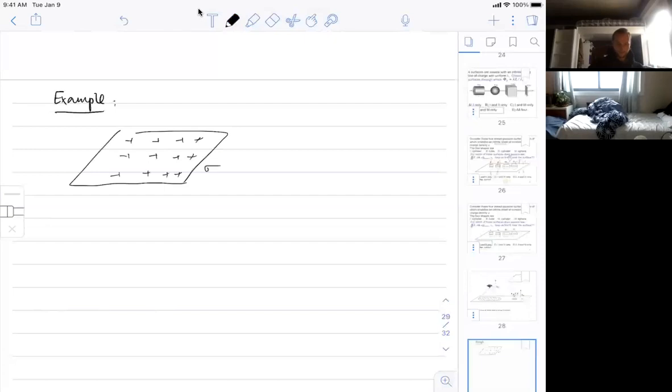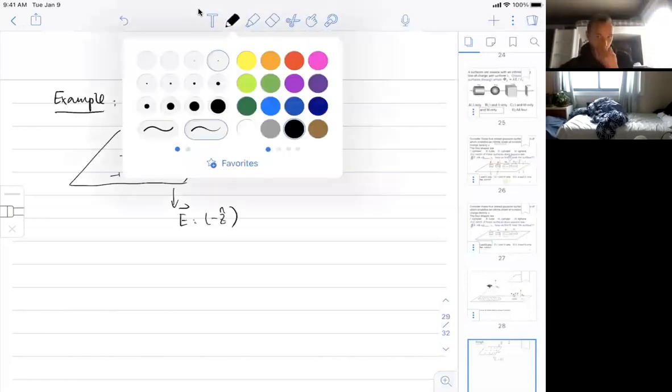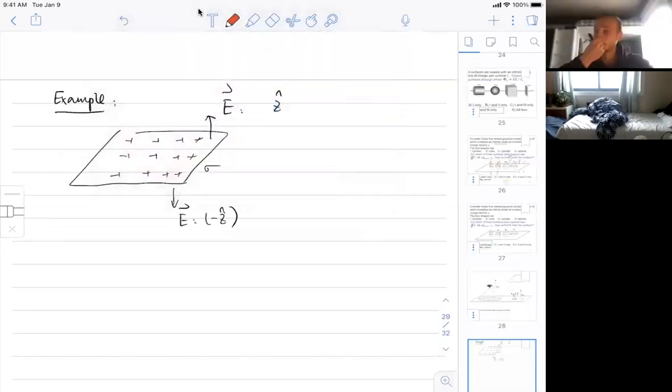And using the symmetry argument that we have concluded, our E is in the K hat direction, or Z direction. So I'm going to choose a cylinder. I can choose a cube, but I'm just going to choose a cylinder for demonstration using Gauss's law.